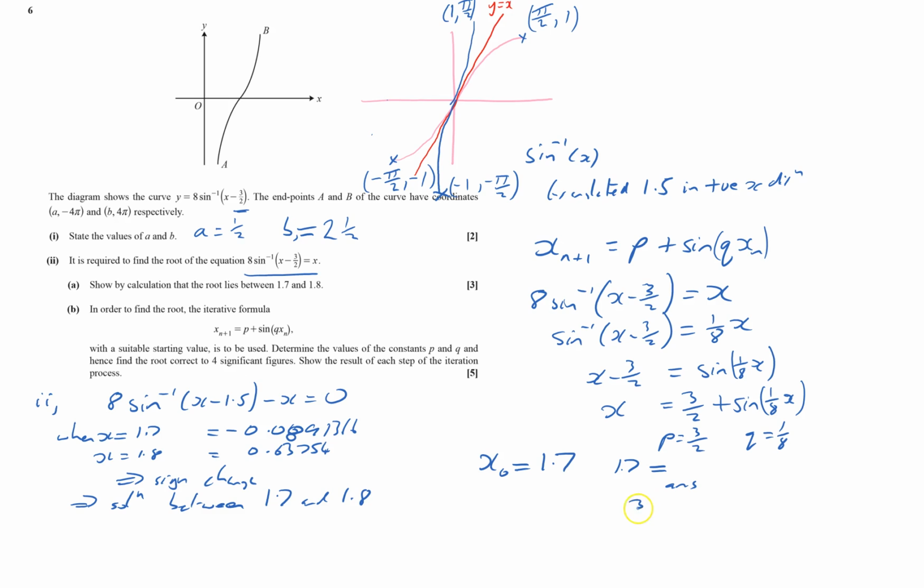And now all I have to do is put down this expression here. So I have to do 3 over 2 plus sine of 1/8 times the answer, and every time I press equals, it's going to give me the next step.